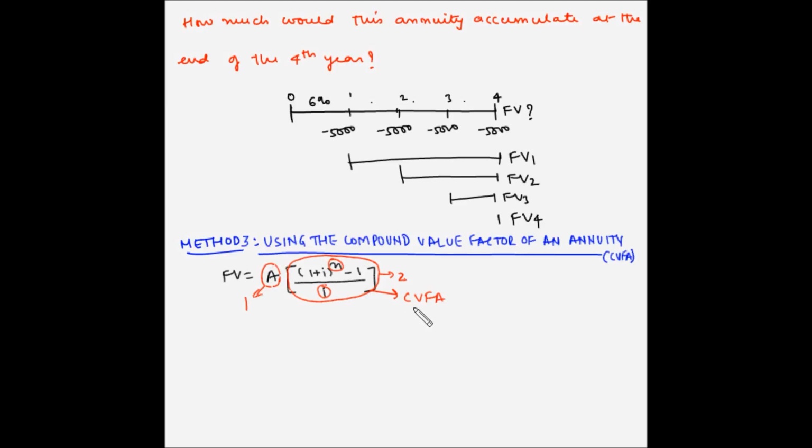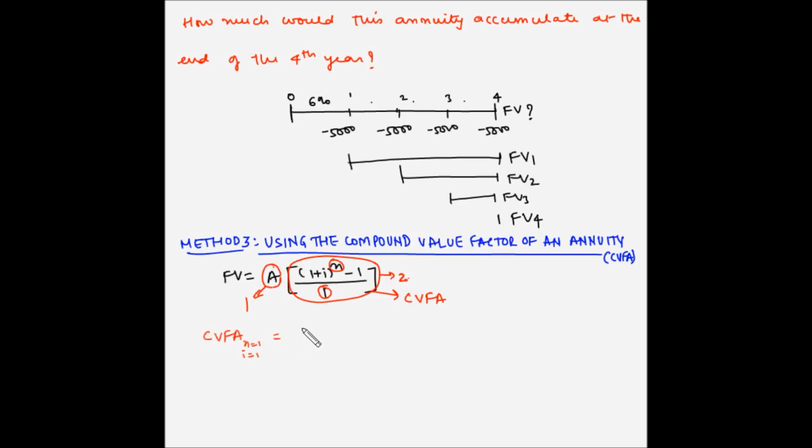We can also say that this is the future value of 1 rupee or $1 or any unit value of a currency. So let's calculate some values of CVFA just to understand how that table can be created. CVFA, where let's say N is 1 and I is equal to 1%.